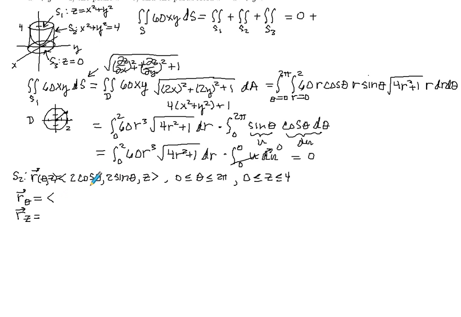The theta derivative: derivative of cosine is negative sine, so negative 2 sine theta. Derivative of sine is cosine, so that's 2 cosine theta. And the theta derivative of z is 0. Now we do our z derivatives. The z derivatives of x and y are 0, 0, and the z derivative of z is 1.